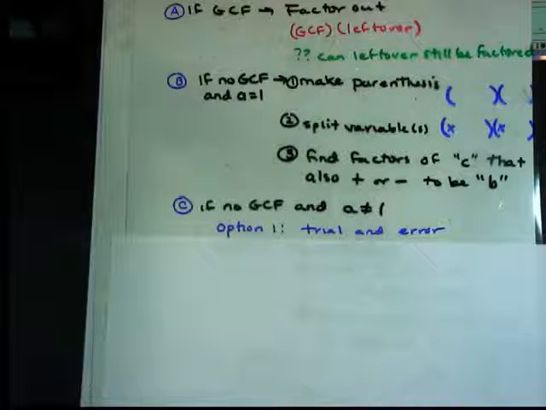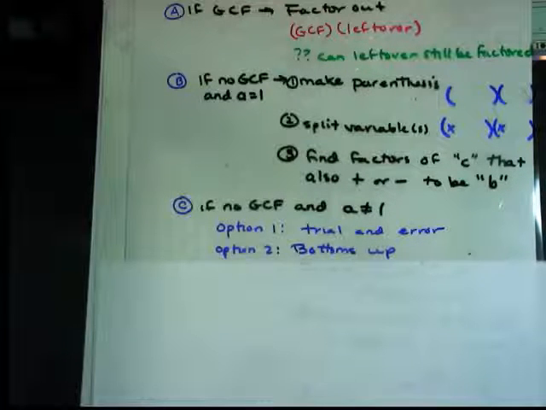Option number 1 will be the way that we proceed in chapters 6, 7, 8, 9, 10, and next year in pre-calc. However, as we're getting used to this factoring, we are going to be focusing on option number 2, which is called the bottoms-up method. The bottoms-up method is an exact method.